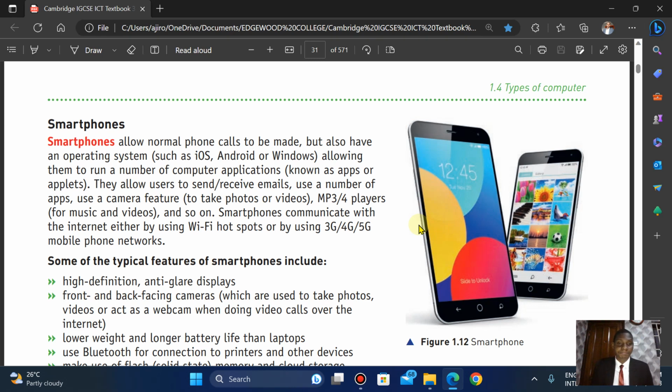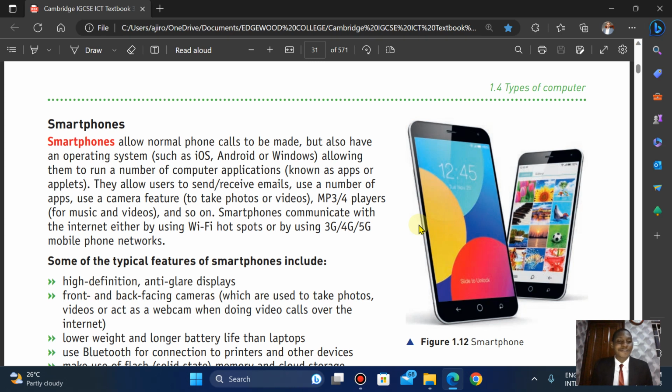A smartphone communicates with the internet either by using a Wi-Fi hotspot or mobile data. 3G means third generation. If you've been hearing 3G, 4G, 5G, it means third, fourth, and fifth generation of mobile network. Now you know.